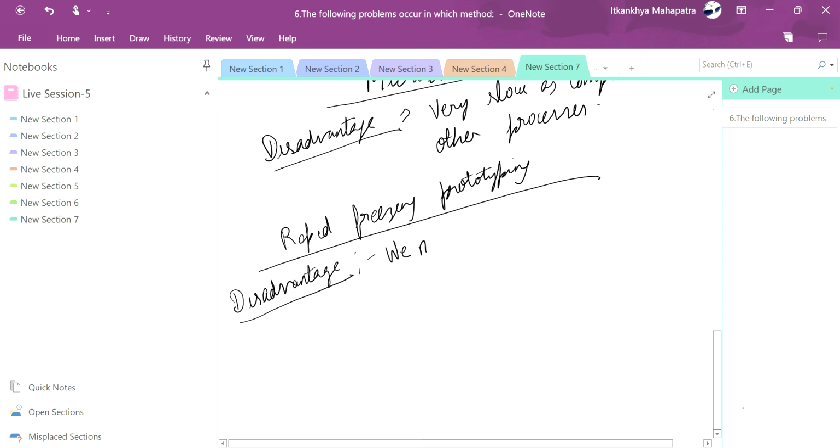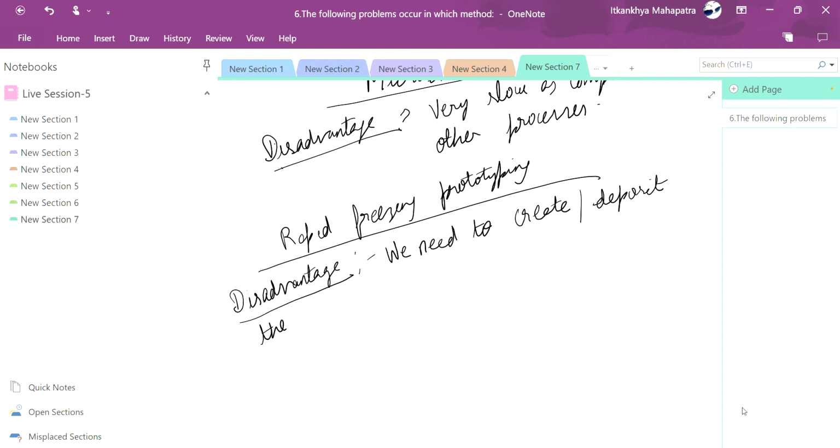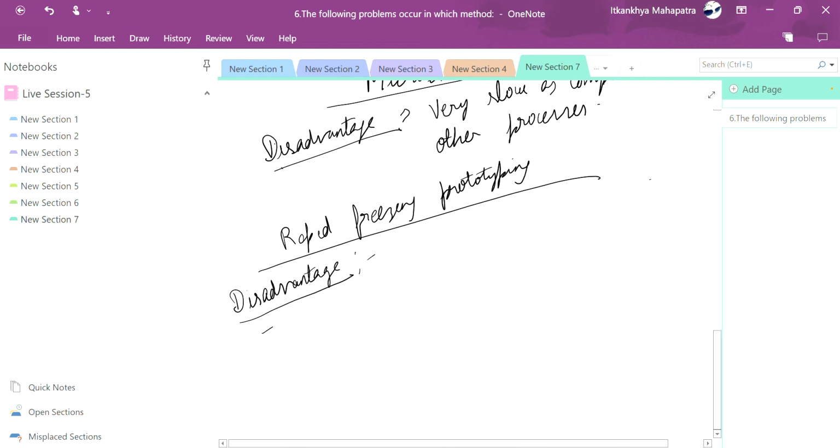Here we need to create or deposit the material to produce overhanging or undercut features.